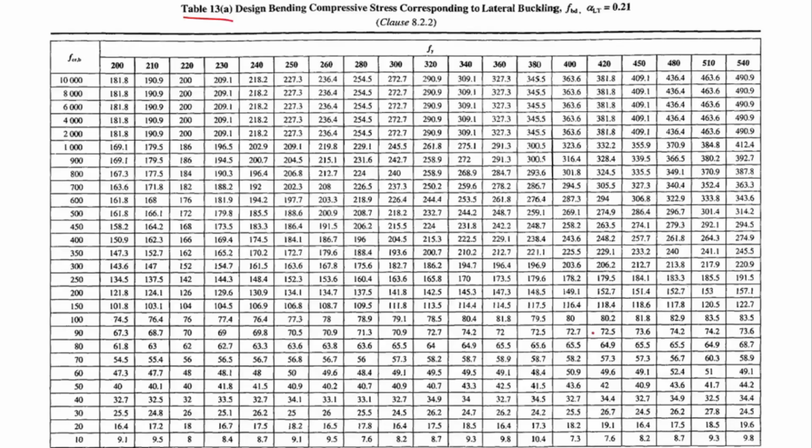By following table 13A, for fcrb 526, its value will be in between 500 and 600, and fy is 250, therefore it will be in between 197.7 and 188.6.